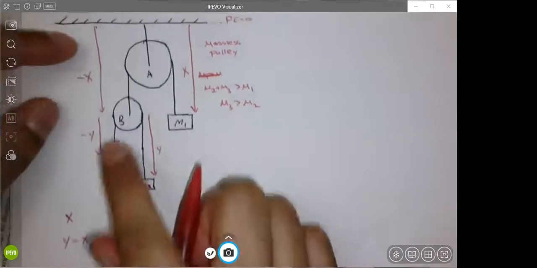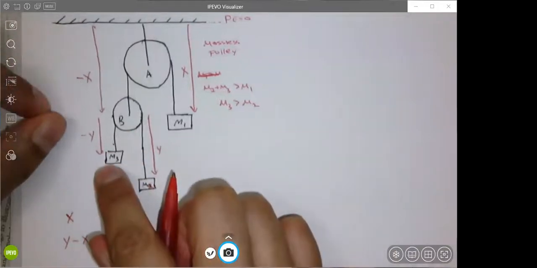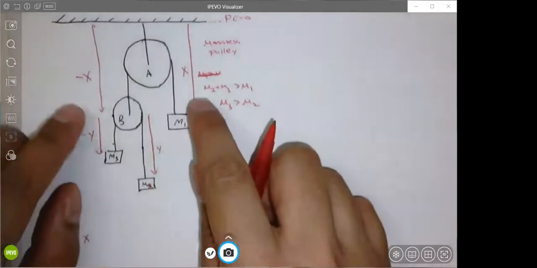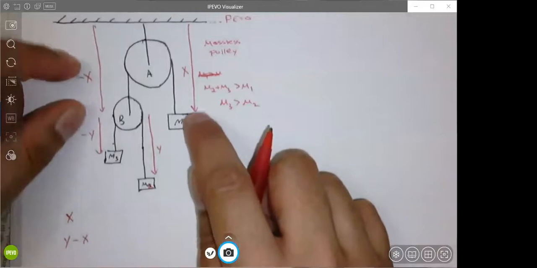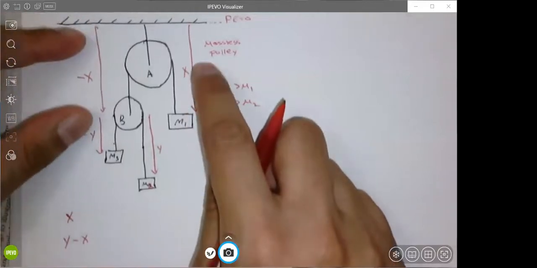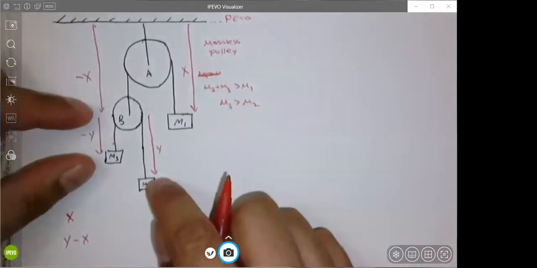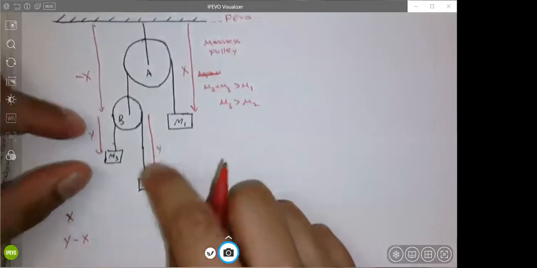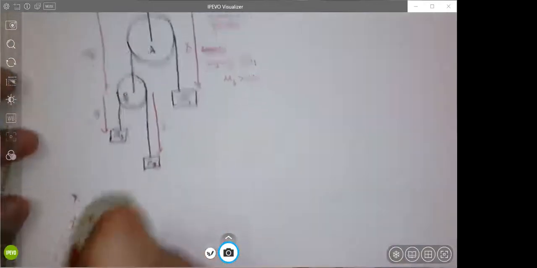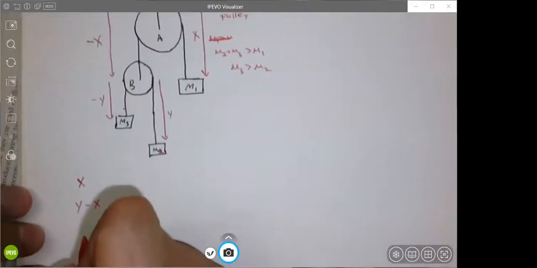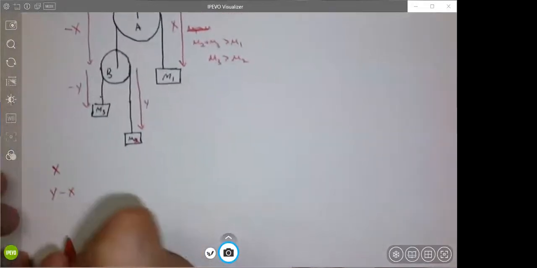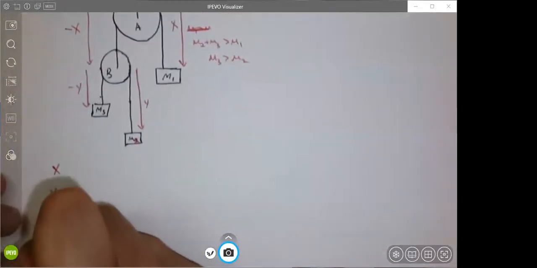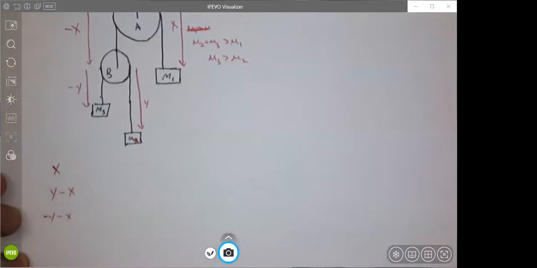And then finally, mass 3 is being pulled because of this thing going in one direction, so this thing has to go in the opposite direction. Same thing here, this thing is going down as this thing goes up, so you can have it down, down. And so the coordinates for M3 are going to be negative y, negative x.